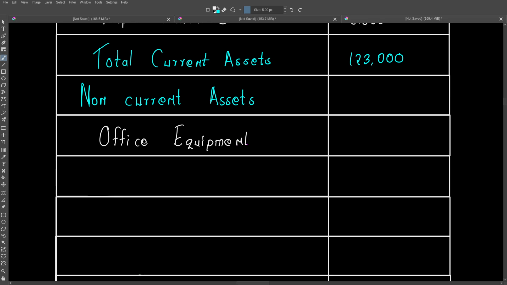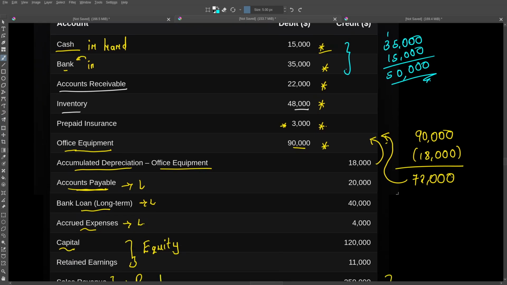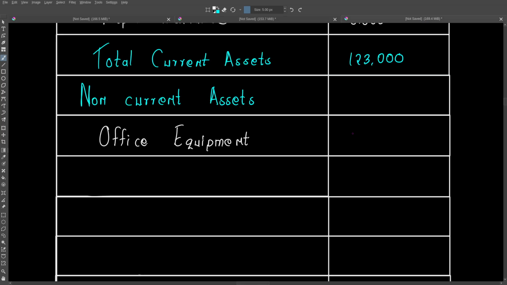Remember, we record the net book value. That is why we took the buying cost. This is the initial buying cost of this equipment, and we less the accumulated depreciation, which is the depreciation from the previous periods and the current period, and we get our net book value of 72,000.